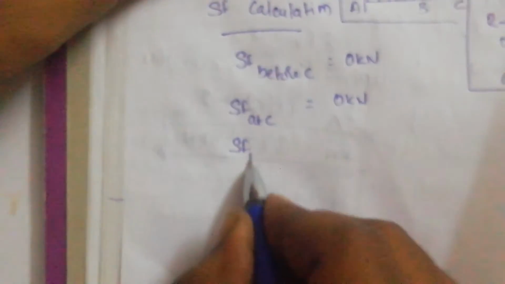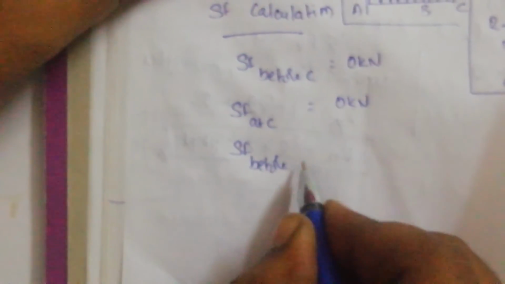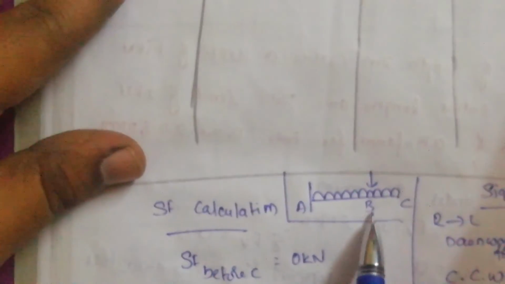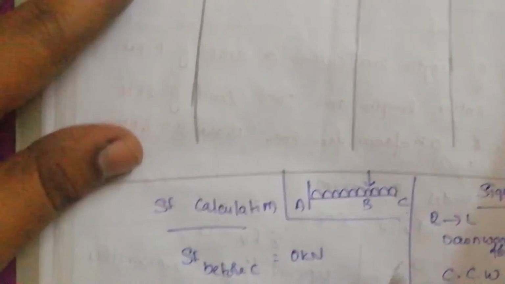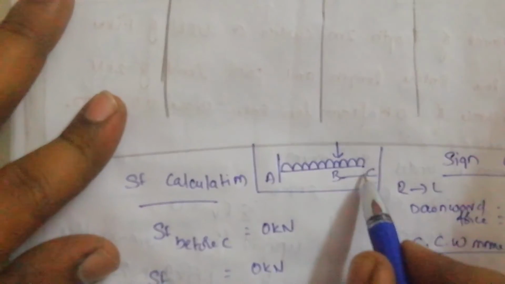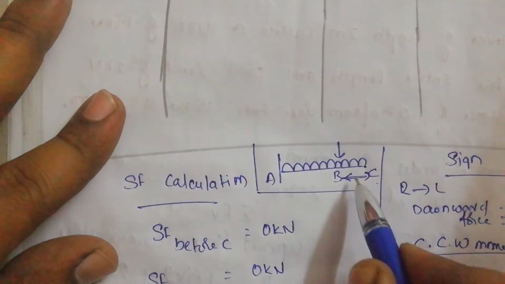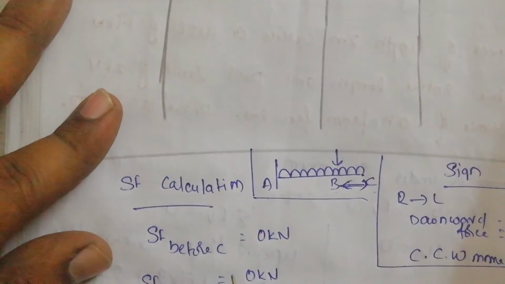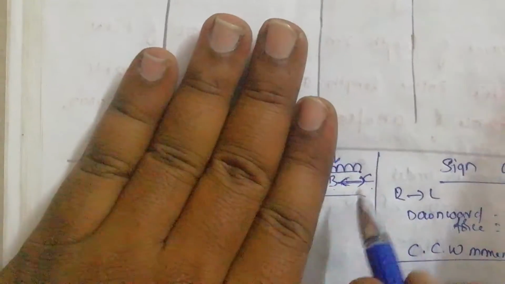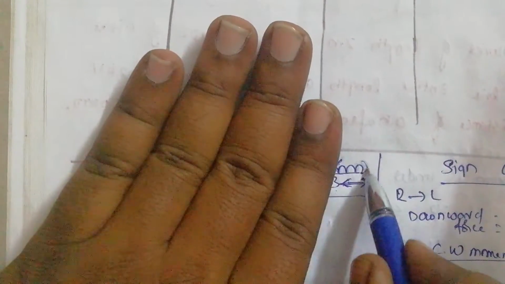Next is shear force before B. You can see the diagram before B. Before B means we have to consider the UDL only for this particular length. You should not take the UDL for this, because before B means only this much amount of UDL is present.